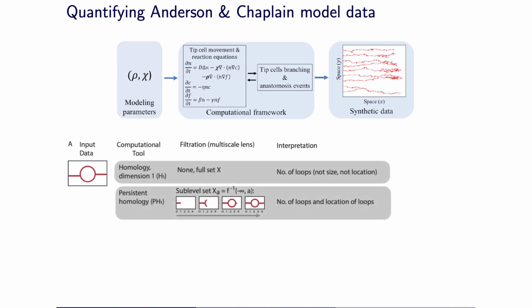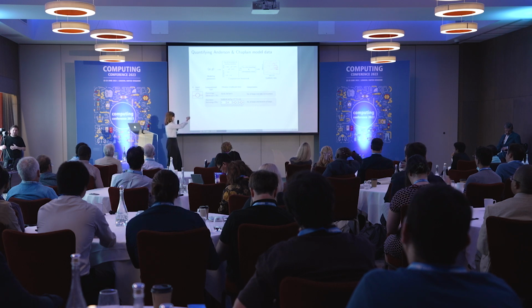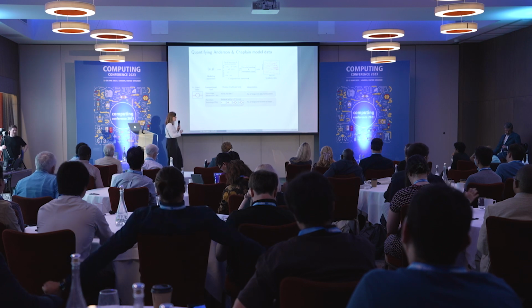And we can use persistent homology, this computational tool, to then study. We can use standard homology, which is a standard invariant, but we don't get that much information. We can use persistent homology, where we're tracking along the X space, and we can get the number of loops and locations, and then we can build on this.